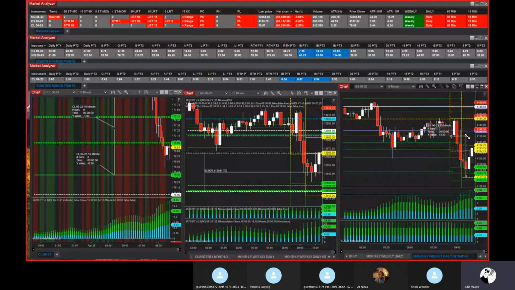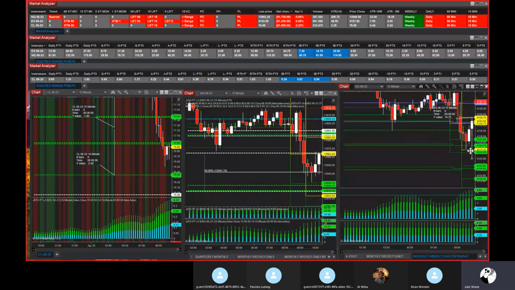That would take us back towards the Globex range up here. So we would need to break 41.34.75. And if we couldn't break it and if we went lower, then we would be breaking the bottom of this.